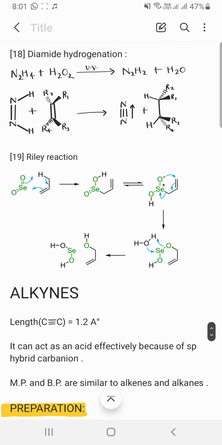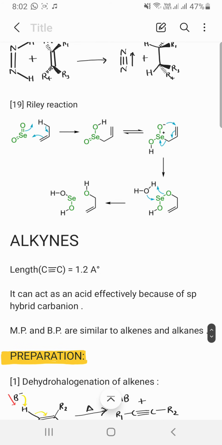Okay, next, Riley reaction or Riley oxidation or whatever this thing is. Okay, so SeO2. Huh, complicated. Isn't that weird? I mean, I get it.